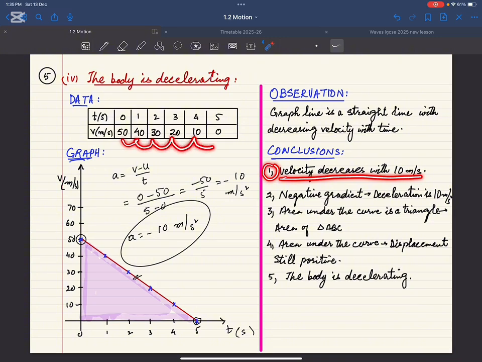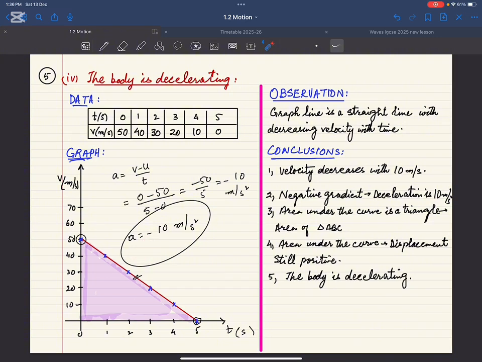So delta V is always the same, which is 10 meters per second. Then, as I said, the gradient is negative, so the deceleration in our example is 10 meters per second squared. But obviously with different values you will have different values of a.